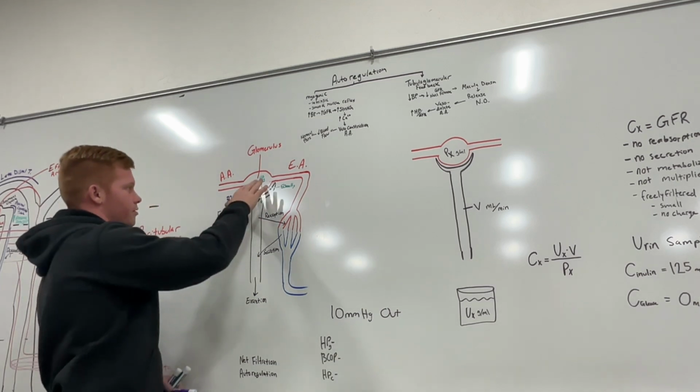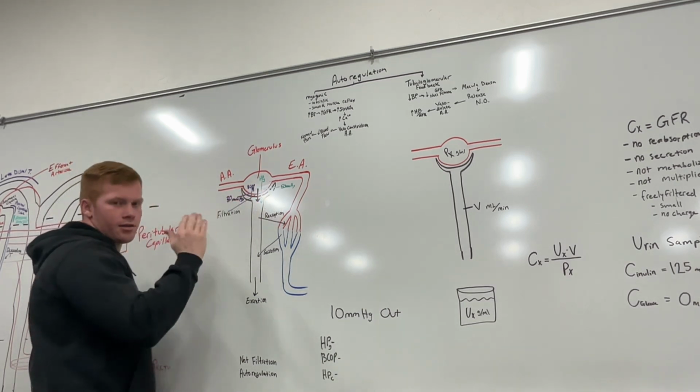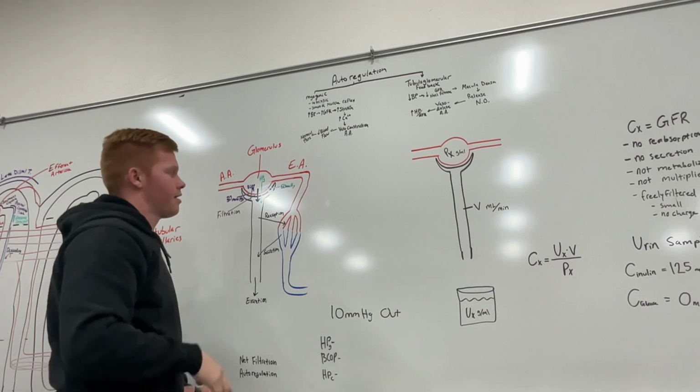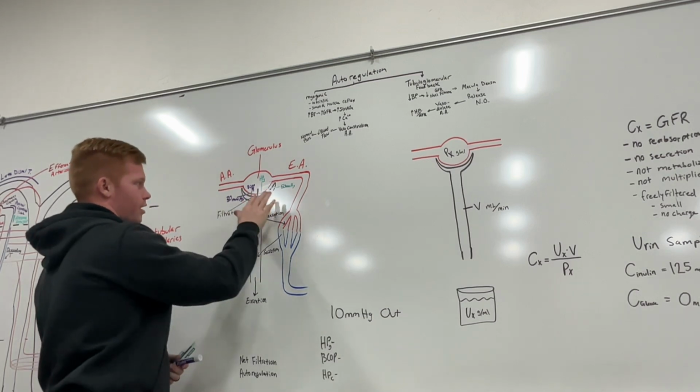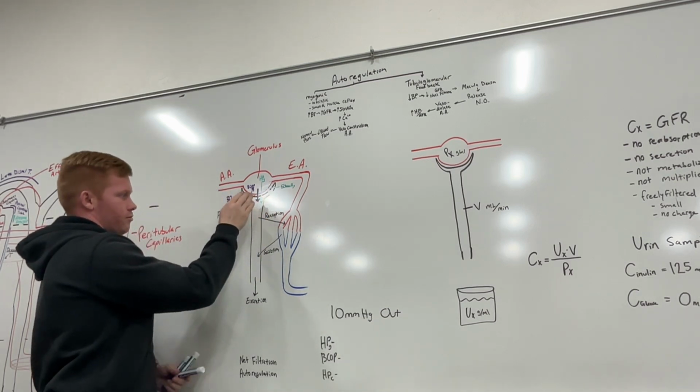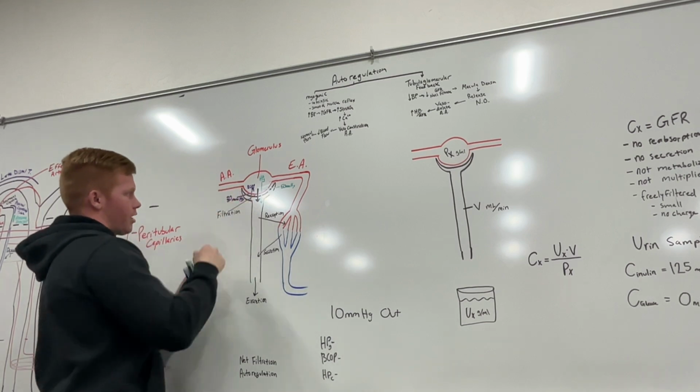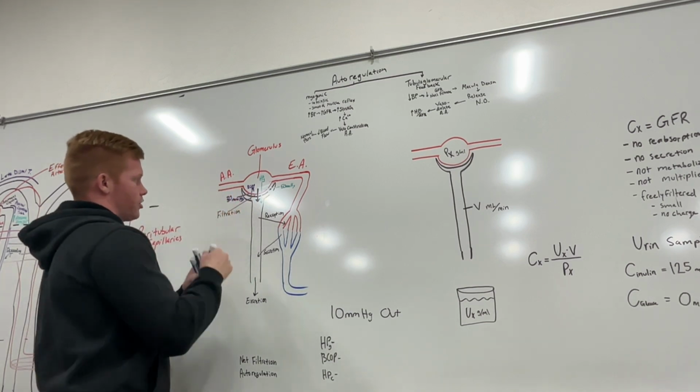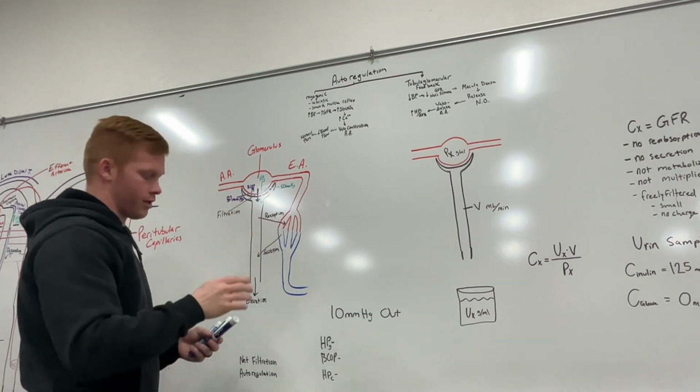Right now I'm talking about all of them individually. When we're talking about hydrostatic pressure, we're acting like that's the only pressure. When I'm talking about BCOP, we're acting like that's the only pressure going on. But in the end, we'll combine them all.